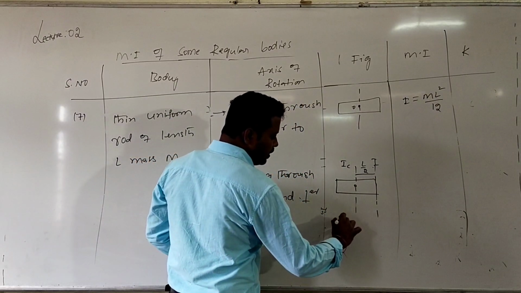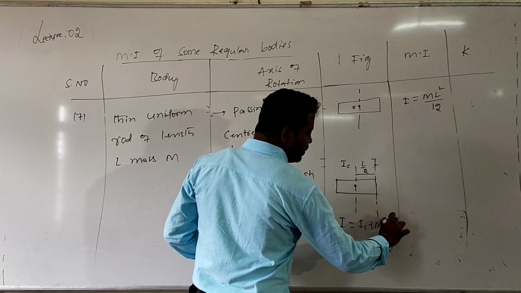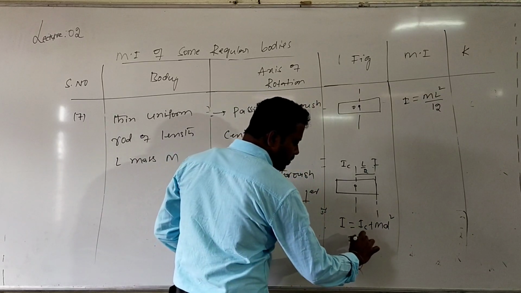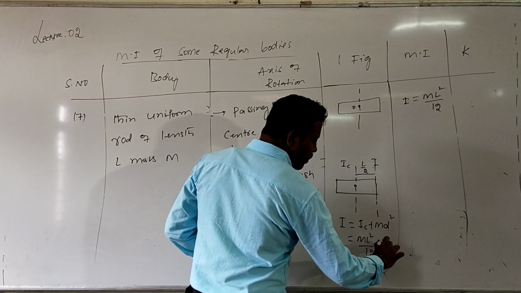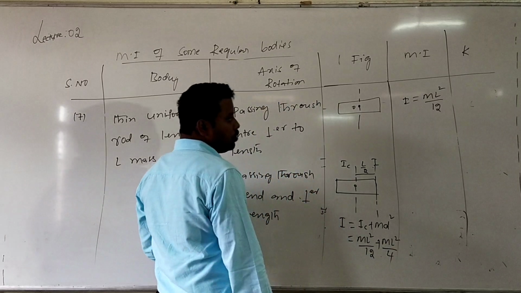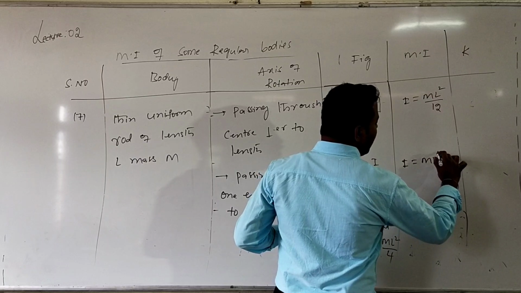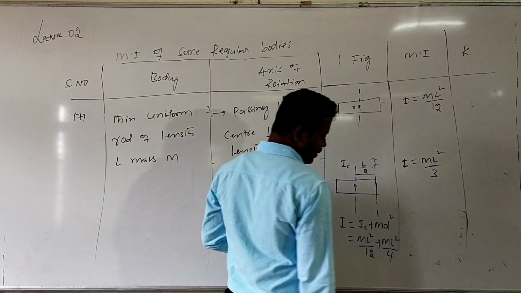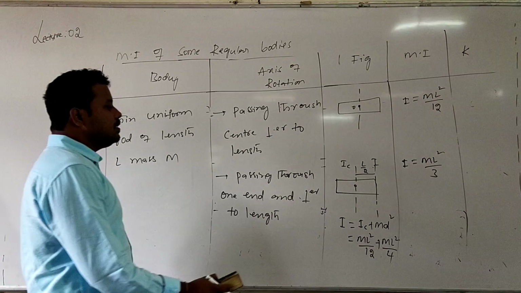Parallel axis theorem. I is IC plus M into d square. IC is ML square by 12, plus M into d square, which is ML square by 4. You simplify this and you will get I equal to ML square by 3, by using the parallel axis theorem.